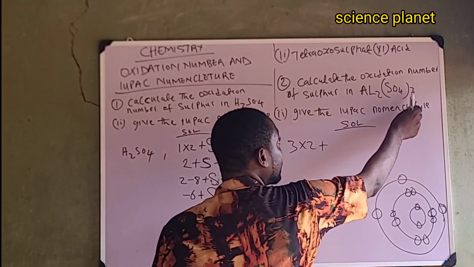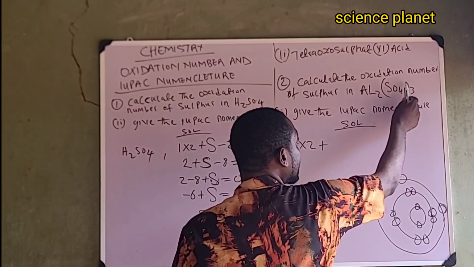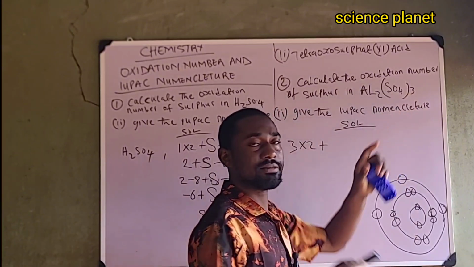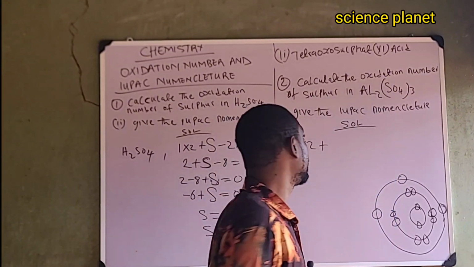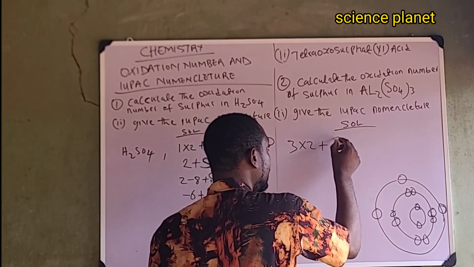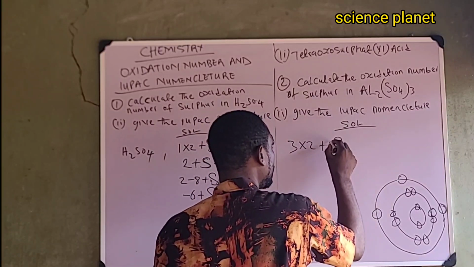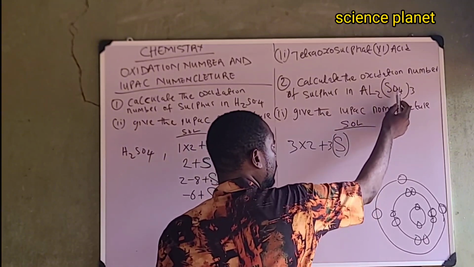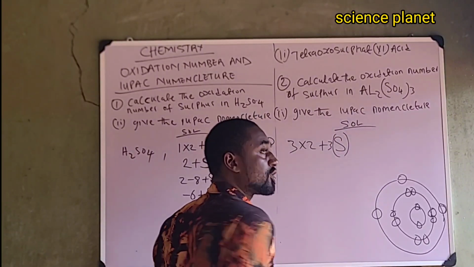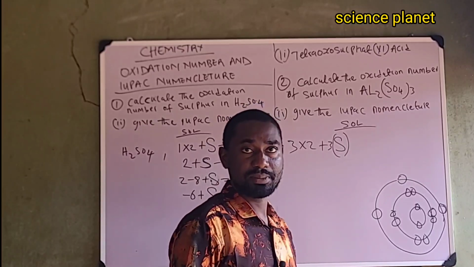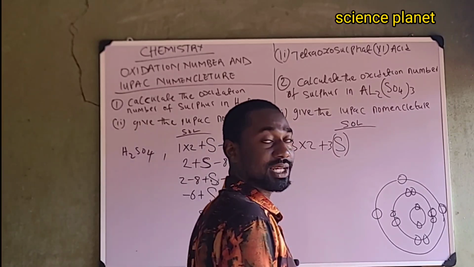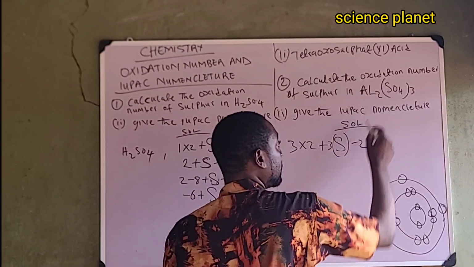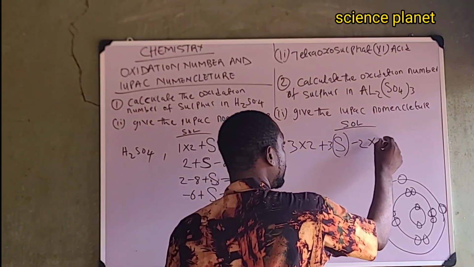So 3 multiplied by 2, so that's 3 times 2, plus, you see sulfur. 3 is going to multiply everything in this bracket, both sulfur and oxygen. So 3 times S will give you 3S, because you're looking for S. Then oxygen is minus 2.